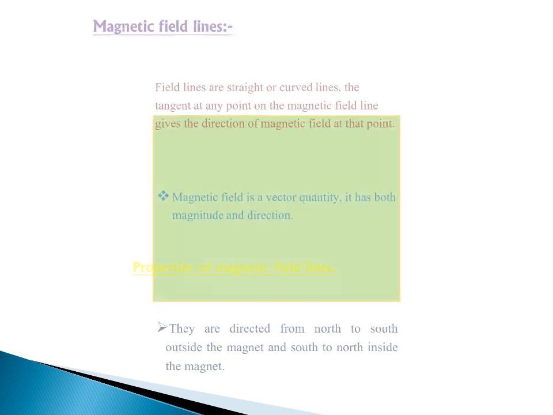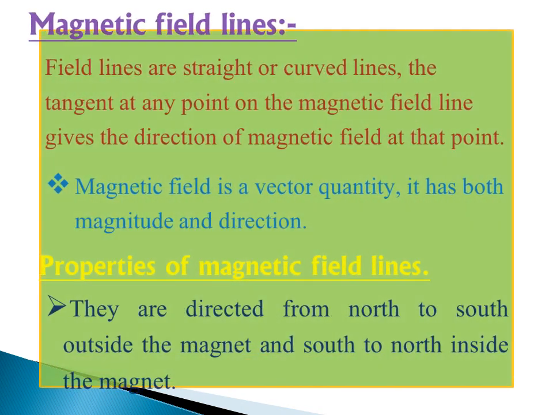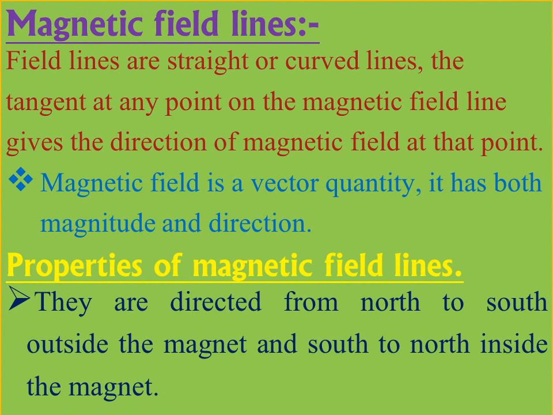Children, we have seen that we can represent the magnetic field by using magnetic field lines. You have seen two methods of representing magnetic field lines in the case of a bar magnet. The first is by using iron filings and the second is by using a magnetic compass needle.